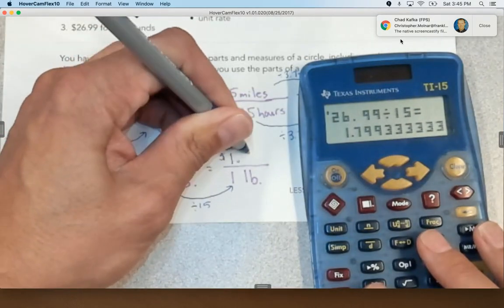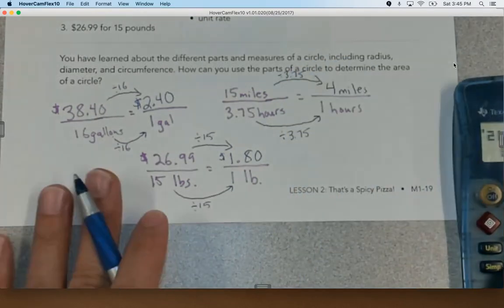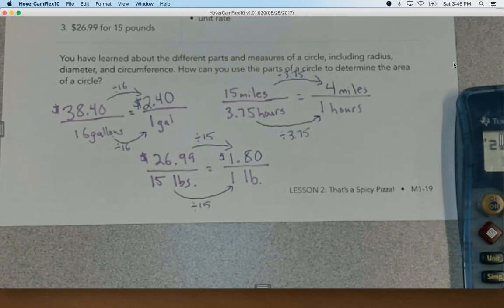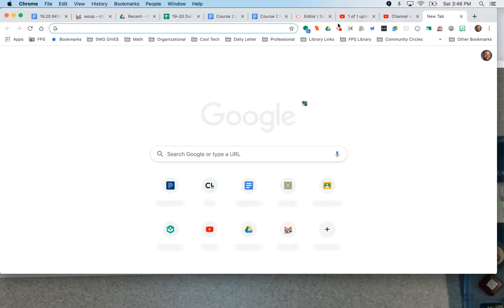I would round it to the nearest penny here. All right, so that is the warm-up, and this is sections about ratio. This section is all about the area of circles, and we will be also working on our ratios and rates as we get going here.